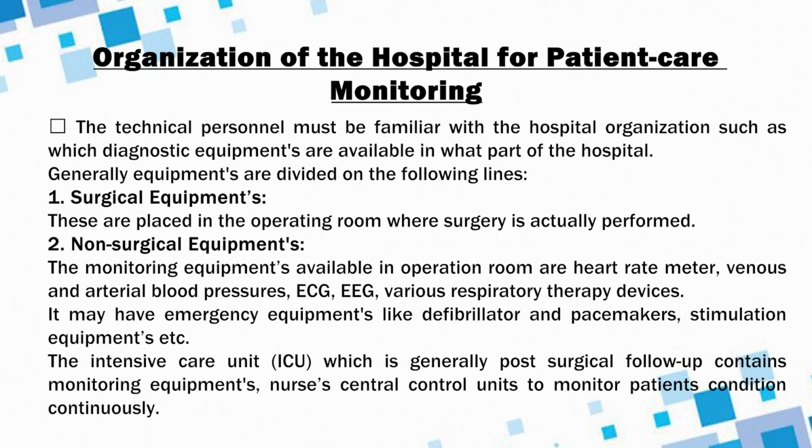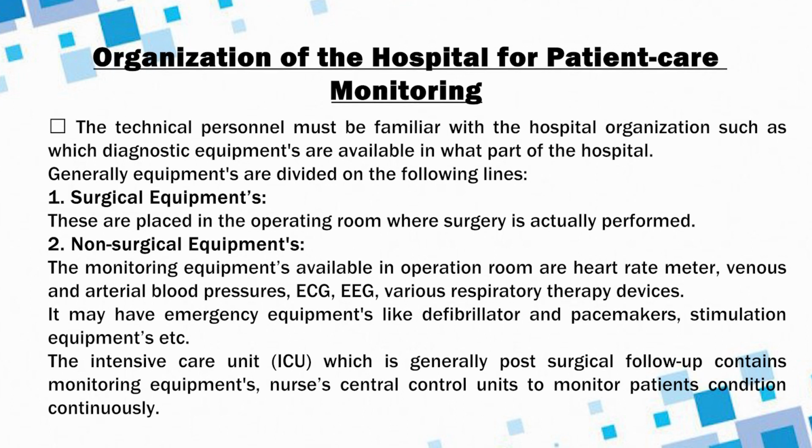Second, non-surgical equipments. The monitoring equipments available in the operation room are heart rate meter, venous and arterial blood pressures, ECG, EEG, various respiratory therapy devices.